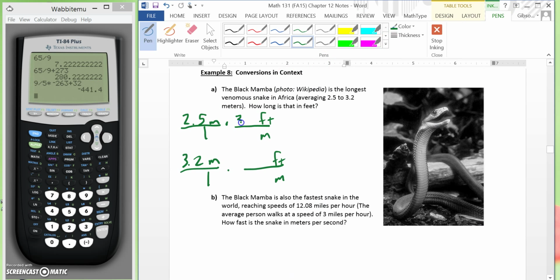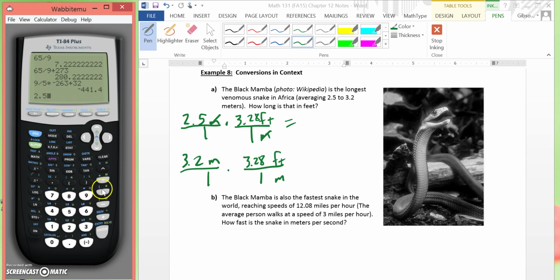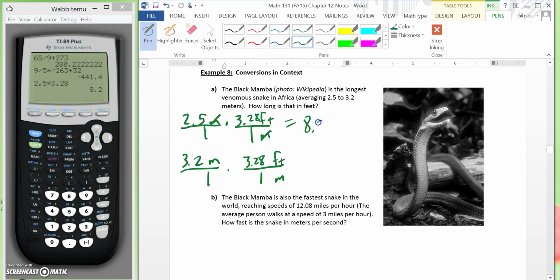So we would have 3.28 feet per 1 meter. So now meters will simplify out with meters, and then we will multiply. We will take 2.5 times 3.28. That will give us 8.2. So it's exactly 8.2 feet.